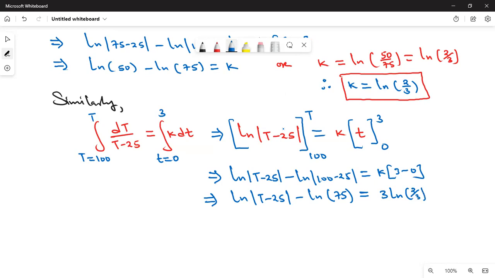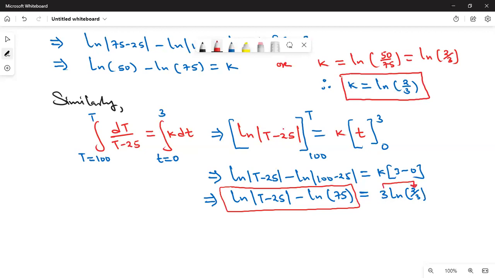So I need to make T the subject in this equation. Look at the left-hand side. You can combine these two logs into one log, and also use the laws of logarithms. This can be the power of 2 over 3.